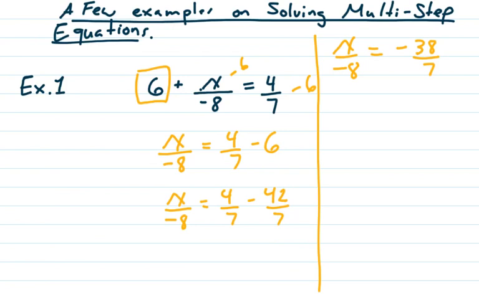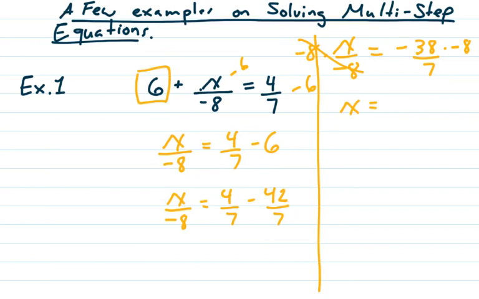Now, x is being divided by negative 8. So I want to multiply by negative 8 on both sides. That gets rid of our negative 8 on the left. On the right, we have to multiply across.